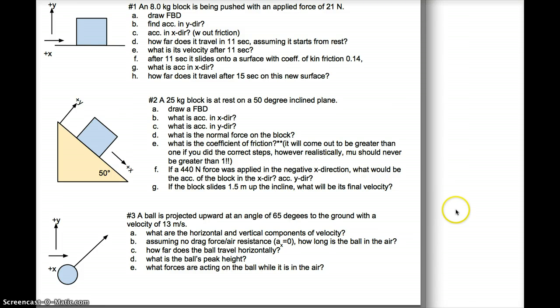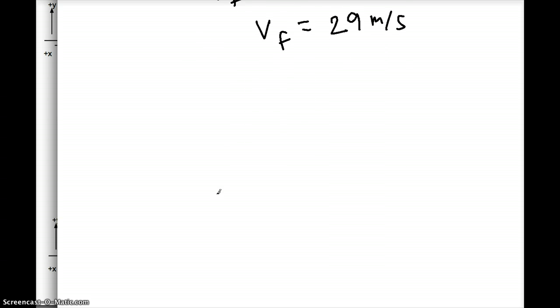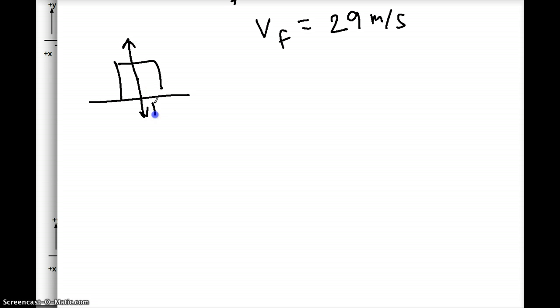So to help me solve this problem, I'm going to want to draw a new free body diagram that includes that force of friction. So there's my force of gravity, here's my normal force, here's my applied force, and there's a friction, a very small friction force.